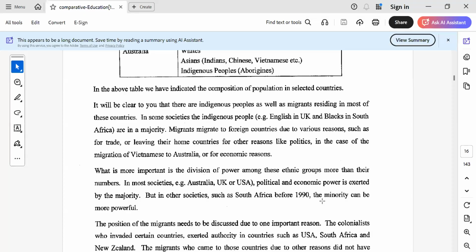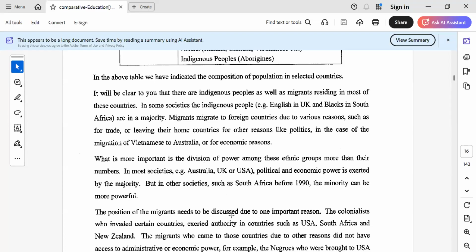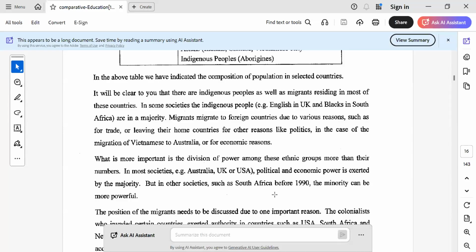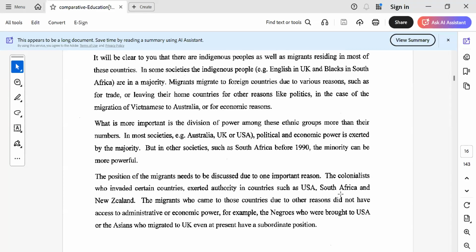But now most of the countries have closed their doors, right? Here, such as South Africa before 1990, the minority can be more powerful.